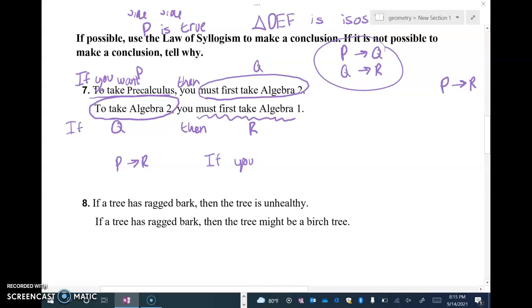If you want to take pre-calculus, or pre-cal, then R. So then you must first take algebra 1. So I'm going to put then you must take algebra 1 first. Either way is fine. We can change those little words, right?